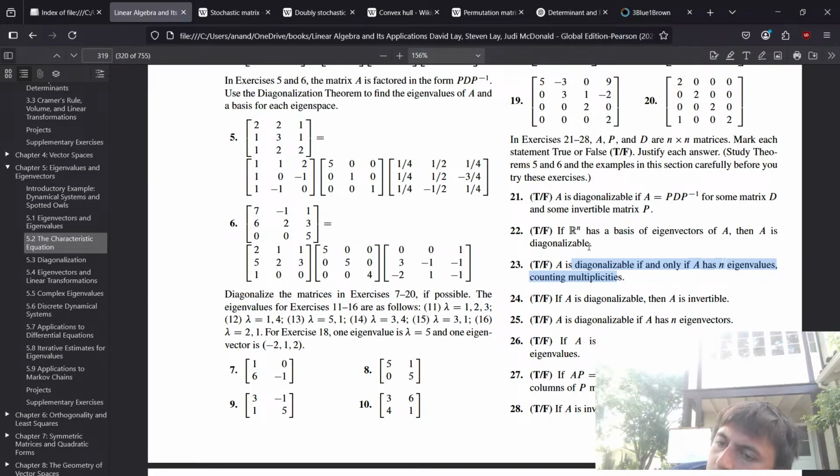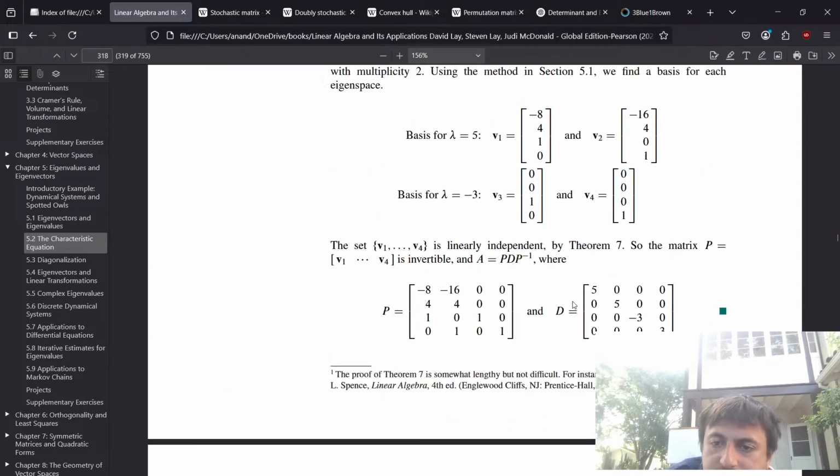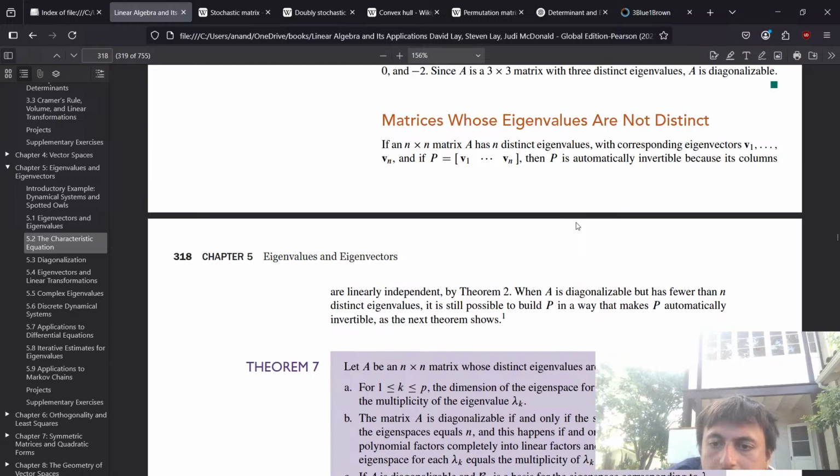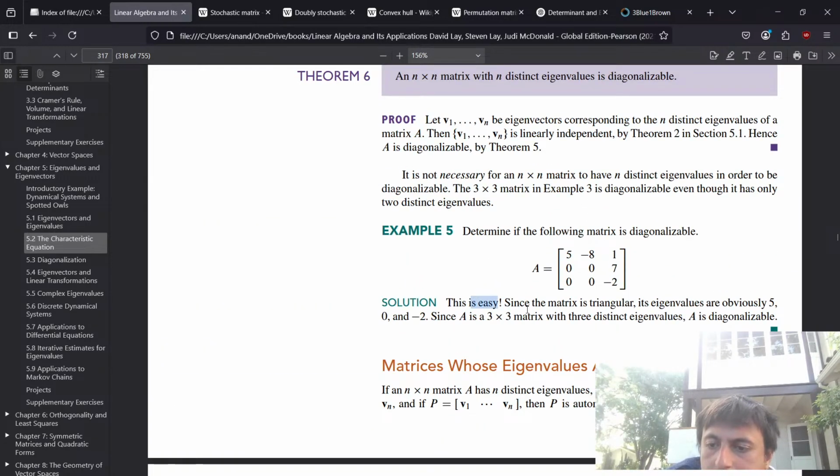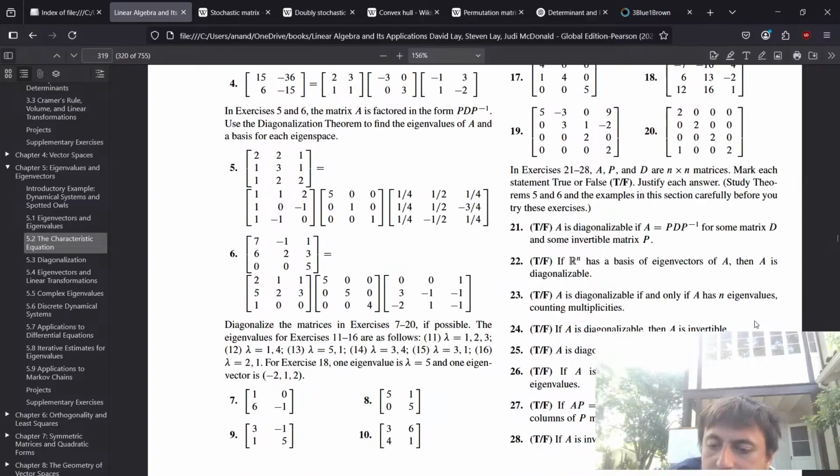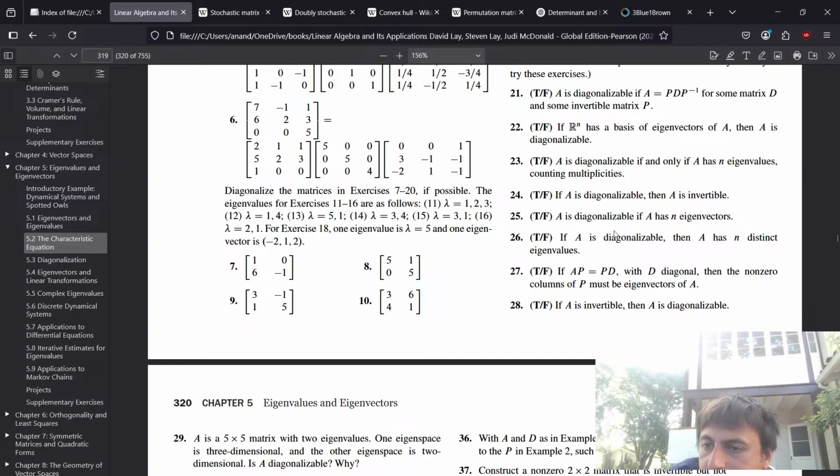No, no, that's not true, because you can have a zero eigenvalue and be diagonalizable, as we saw in this example. So it's not even that. Okay, so 24 is false.